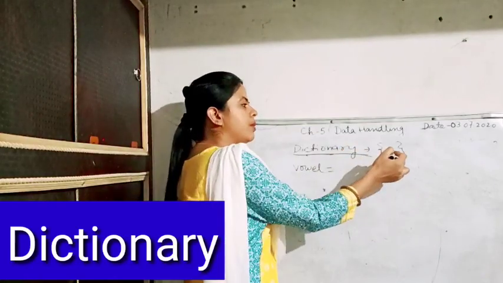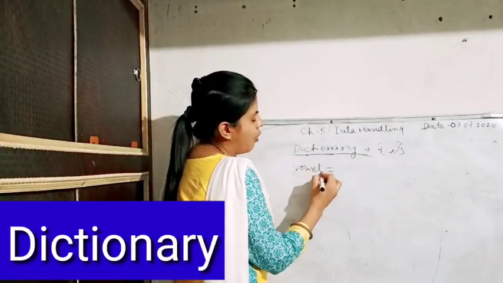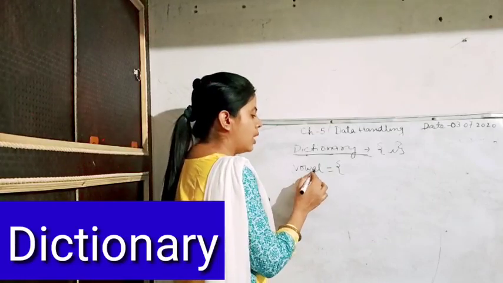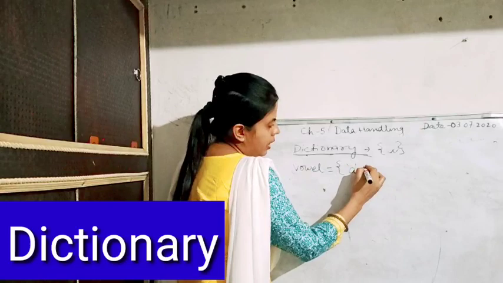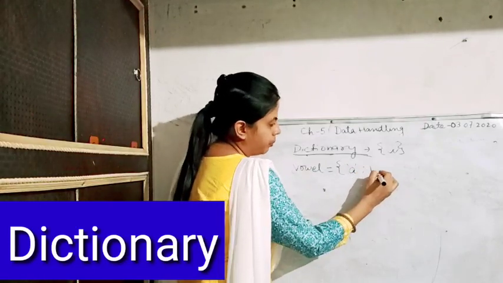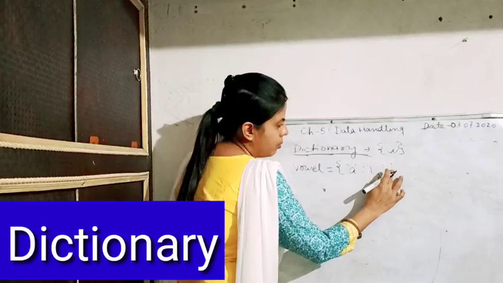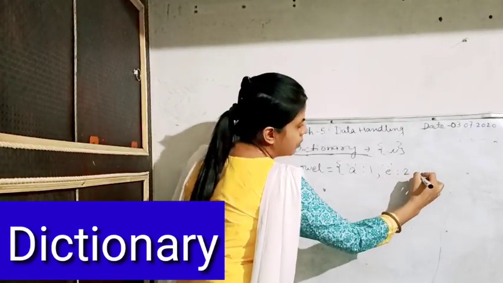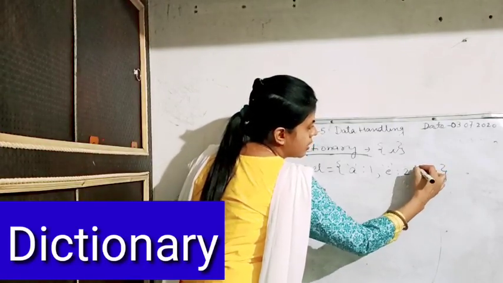So I write vowel is equal to, and I start the curly braces. This is my dictionary name, vowel. Now suppose I write A and its value is 1. E, value is 2. I, value is 3. Let's write this much only.